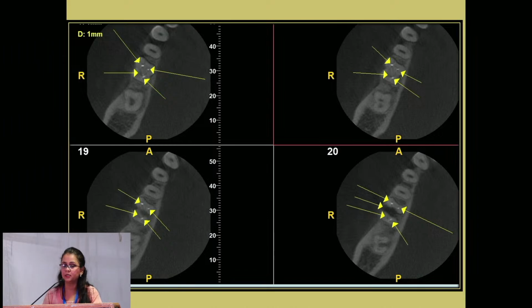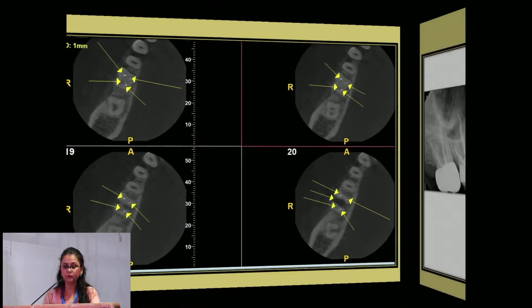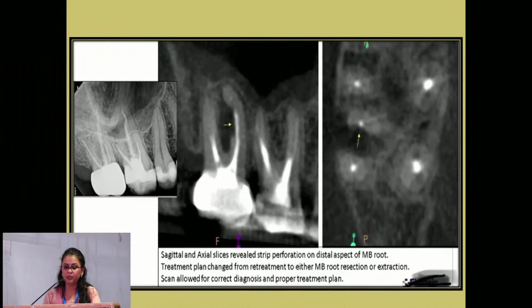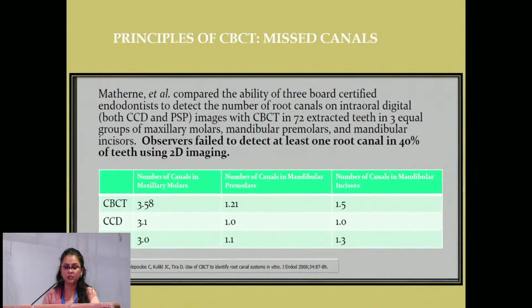Also, in some cases, you have to reduce the contrast. You have to make the scan a little darker so that you are able to visualize your canal. Even internal resorption can be best visualized on CBCT.